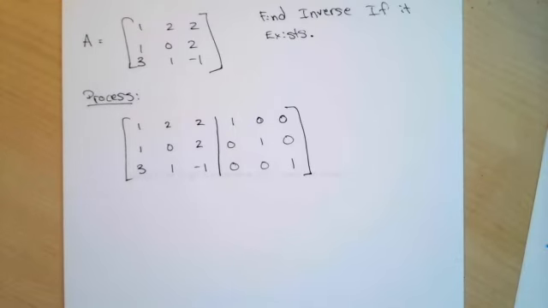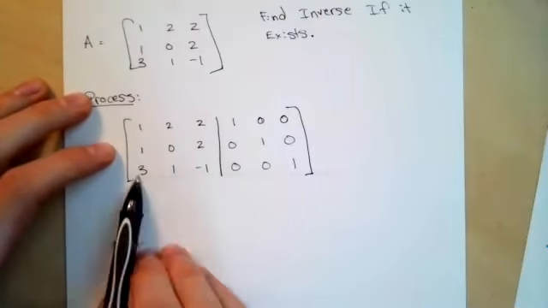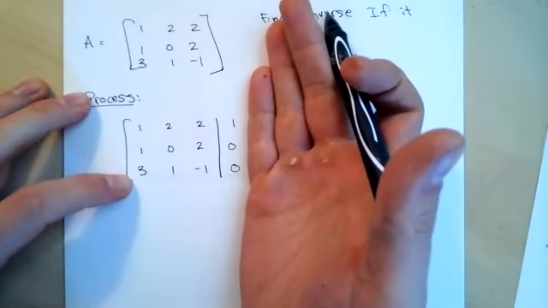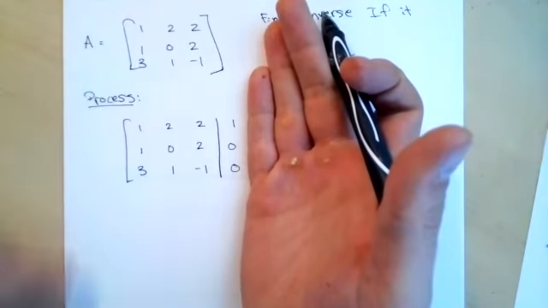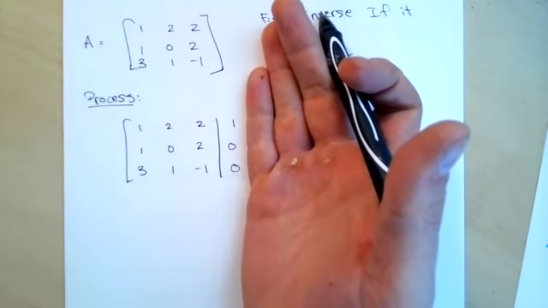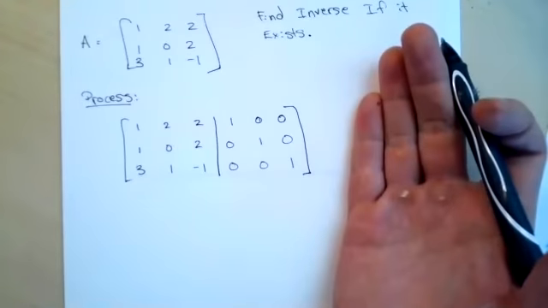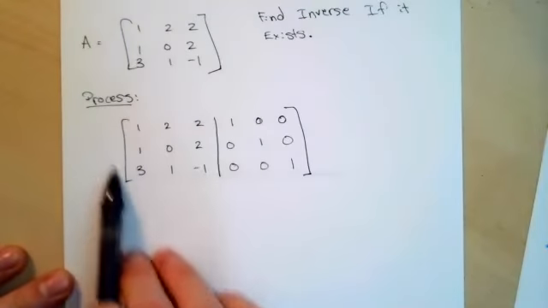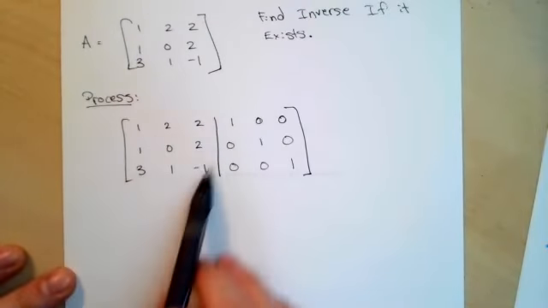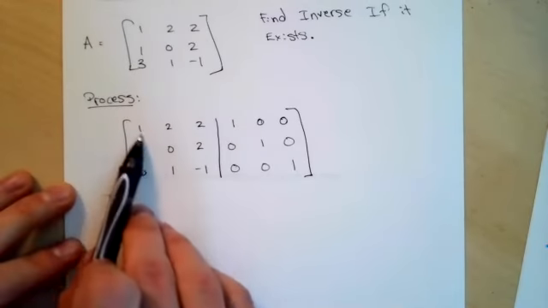So yesterday when we were looking at reduced row echelon form, we saw how if we're trying to solve a system of equations and just had an augmented matrix, we want to put this left side in reduced row echelon form and see what's resulting on the right, and that will give us a nice solution to our system of equations. So we were essentially going to do the same thing. If we put this left side in reduced row echelon form, ideally what we want is the identity matrix.